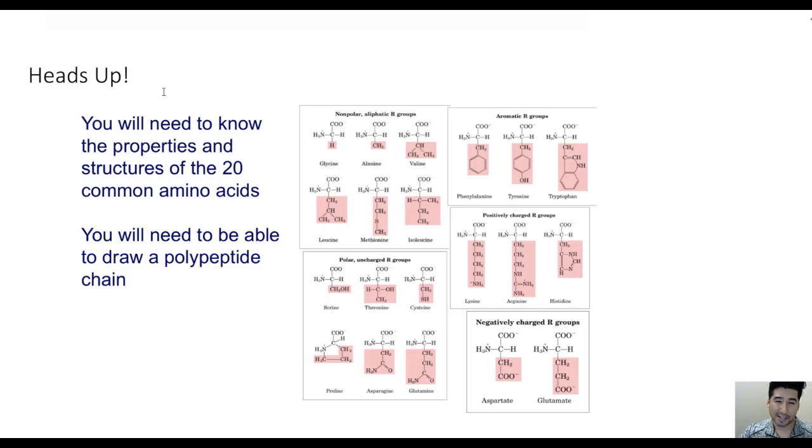Alright, so I got this from your slides. Heads up, you will need to know the properties and structures of the 20 common amino acids, and you will need to be able to draw a polypeptide chain. This is extremely important. A lot of you look at these amino acids and think, I'll remember it, or I'll learn them next week, or I'll learn them this weekend. But it's not that simple.